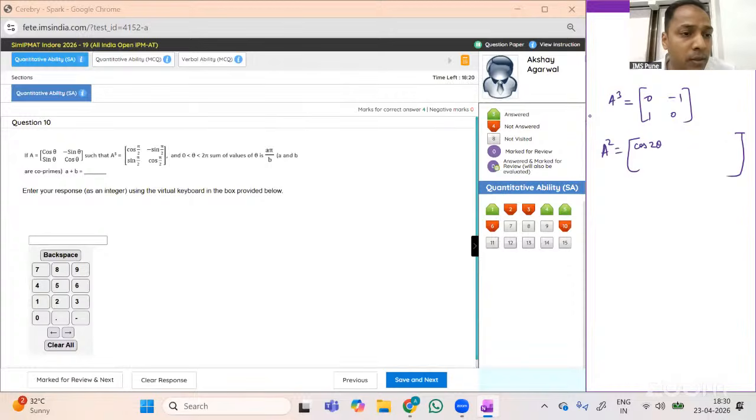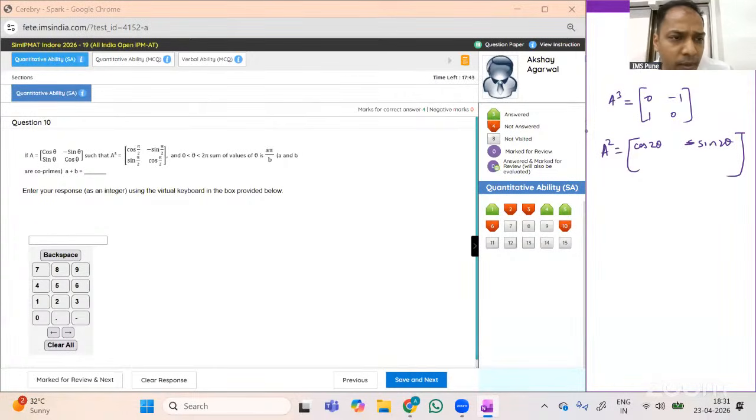Then I have first row, second column. So minus sin theta cos theta and then minus sin theta cos theta. So minus 2 sin theta cos theta. So that's rather minus sine 2 theta.